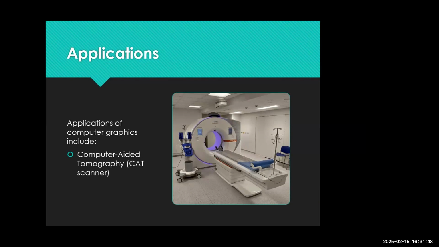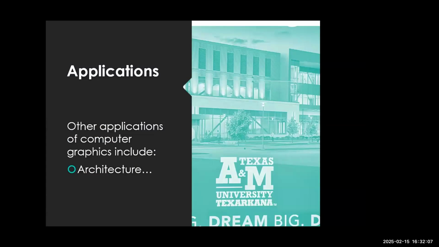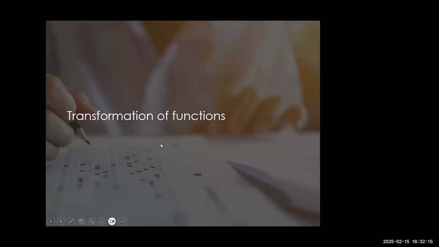We can scan the patient, and based on the picture, we are able to know what's happening inside our body. The next one is video games, which my students like. And then the next one is architecture. So there are some major applications of computer graphics.